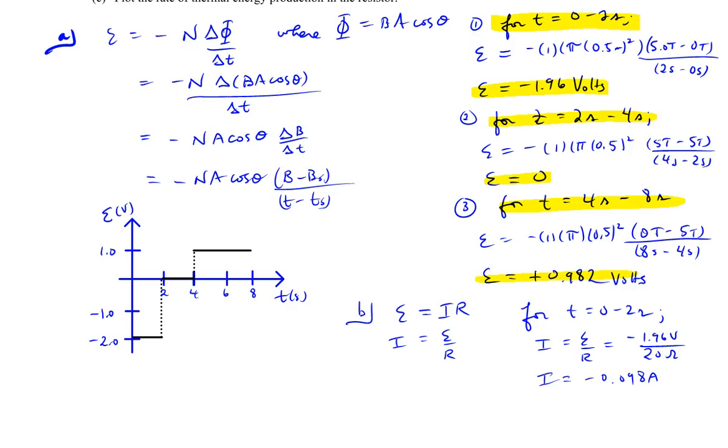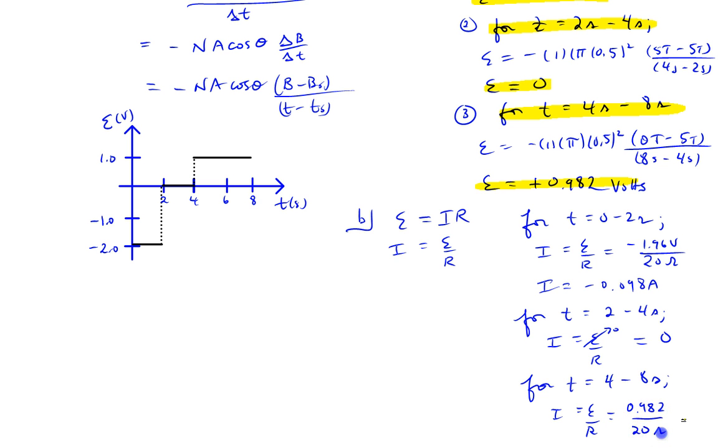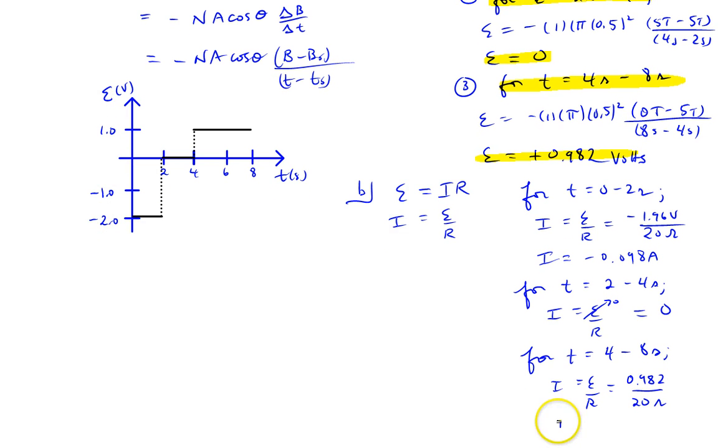And then as we continue on here for t equals 2 to 4 seconds, the current will be the EMF over the resistance, but the EMF is 0, so therefore the current will also be 0. And for t equals 4 seconds to 8 seconds, the current will be that EMF of 0.982 volts divided by 20 ohms, and that gets us a current of 0.049 amps.